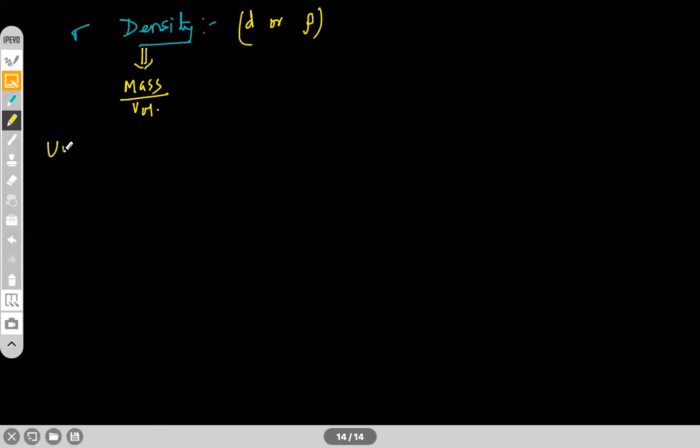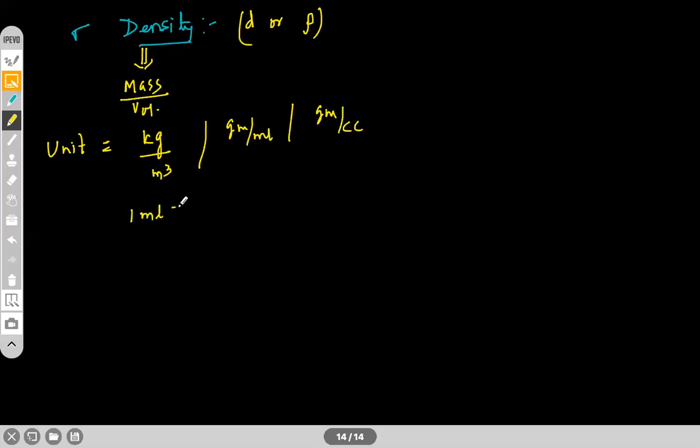So the unit of density, we can write it is kg per meter cube, or we can write gram per ml, or we can write gram per cc. So these relations you should know.